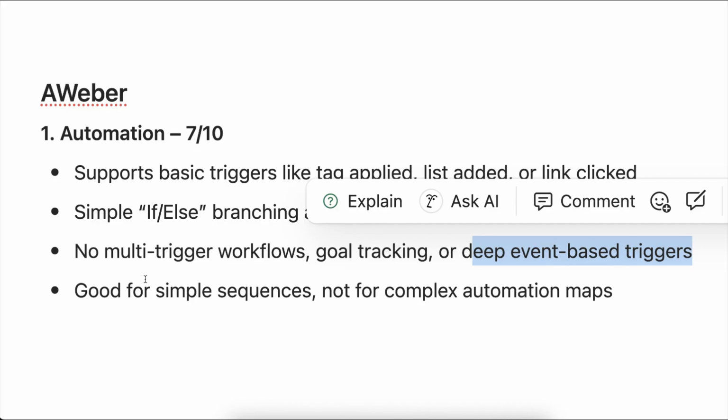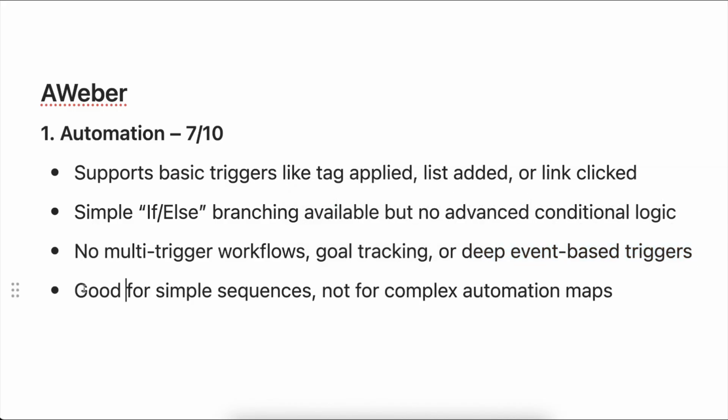So honestly, it has most of the basic stuff, but is just missing a couple of things. Also split A/B automations, which is a pretty huge thing. So it's good for simple sequences, but not really great if you want more complex automations. So I'll give it only a 7 out of 10.